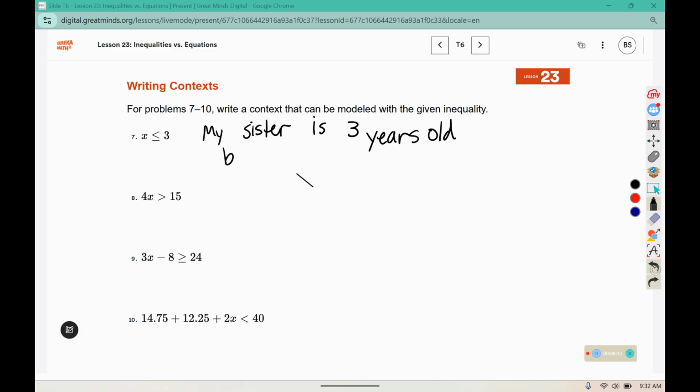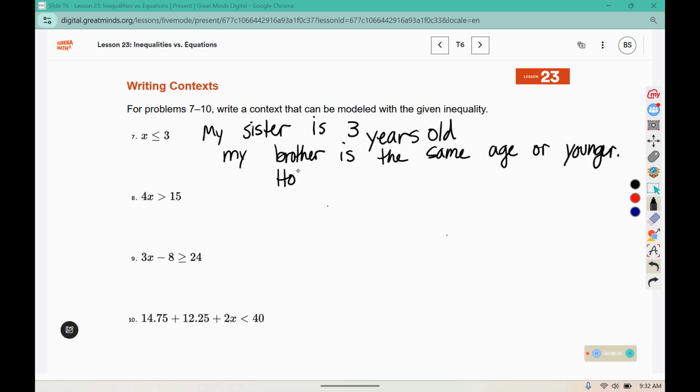My brother is the same age or younger. How old is my brother? Or how old can my brother be?